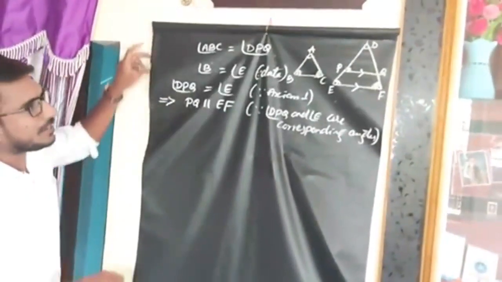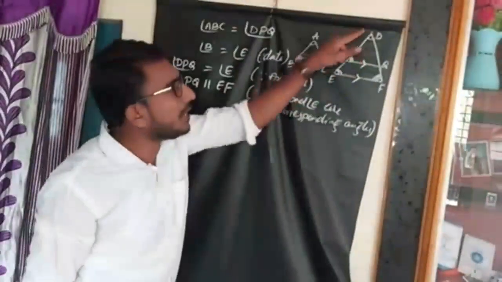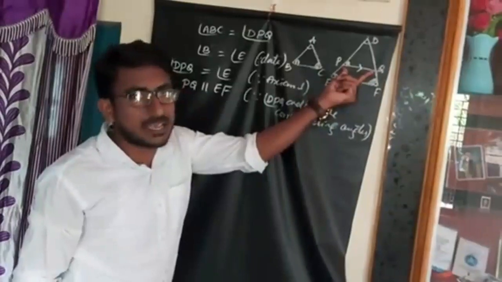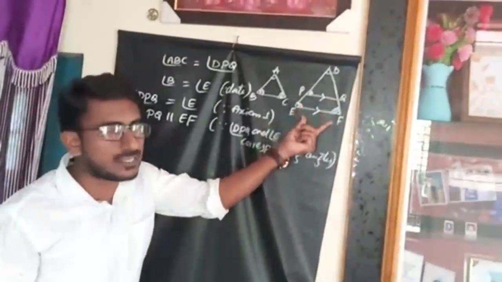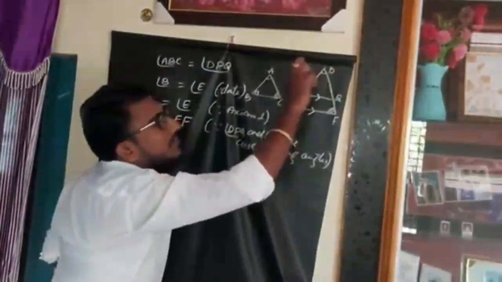Next, we already learnt BPT. In a triangle, if a line is drawn parallel to one of the sides, then the other two sides are divided in the same ratio.